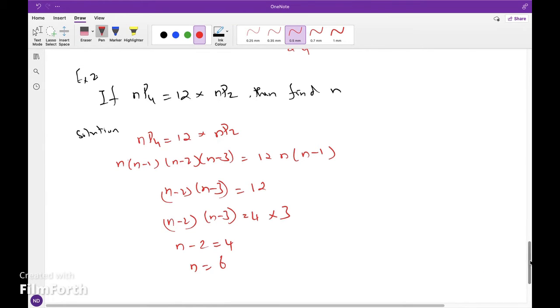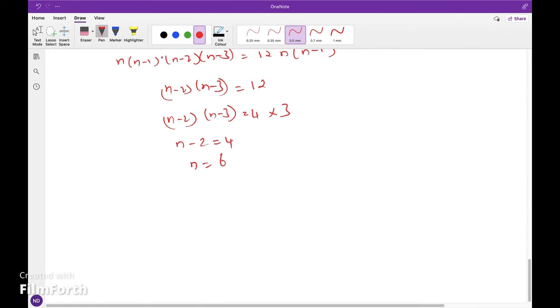Next example. If nP3 is to nP2 is equal to 3 is to 1, then find n.